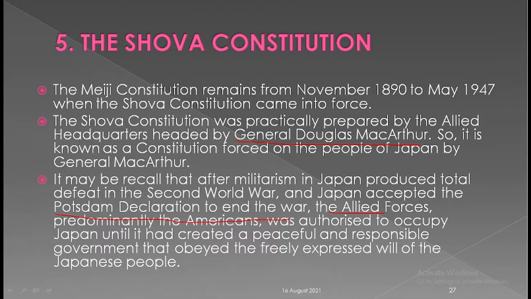Since they didn't want another world war coming up, they wanted Japan to have not only a democratic government, but also a very weak military system. That was why Allied forces headed by General MacArthur were sent to Japan to prepare for a new government.